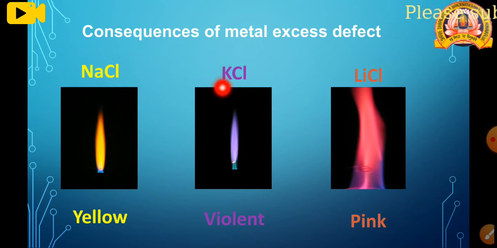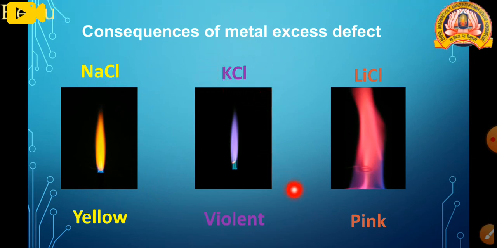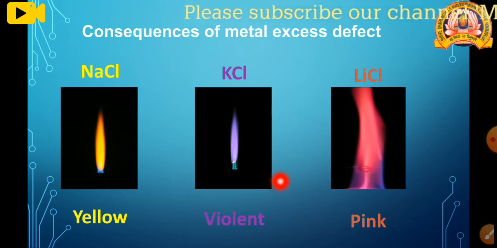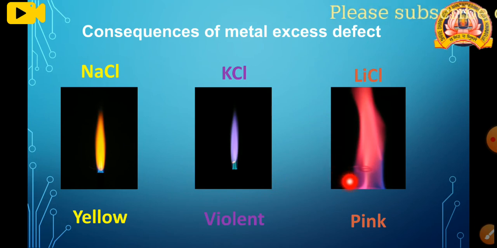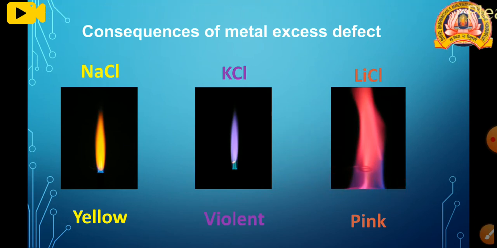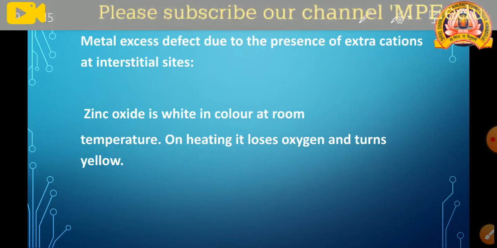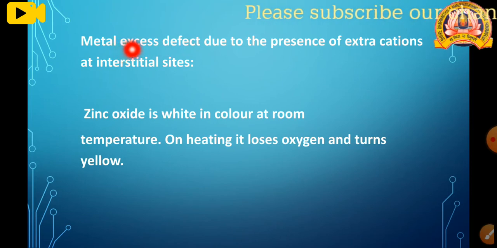Similarly, potassium chloride imparts lilac or violet color. Next, lithium chloride shows pink color. The reason for this coloring of the crystal is the metal excess defect. This is very important for your competitive exam.